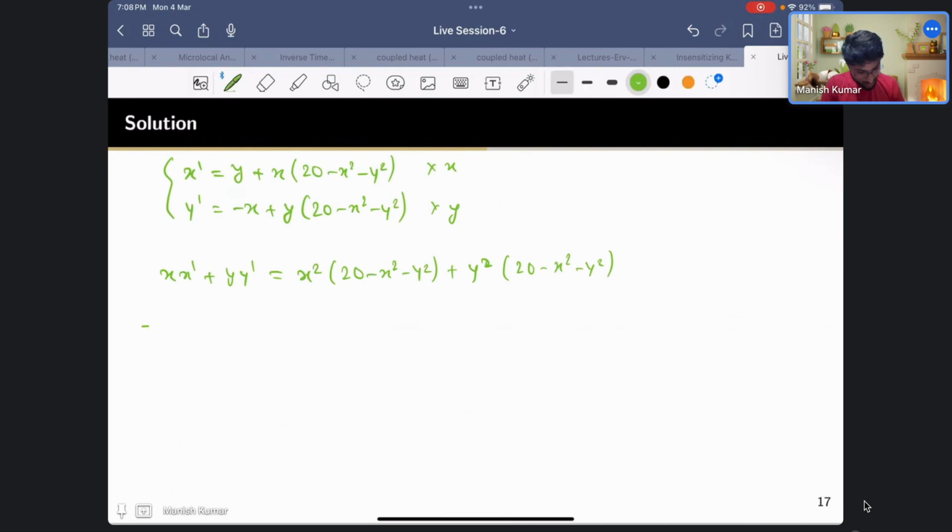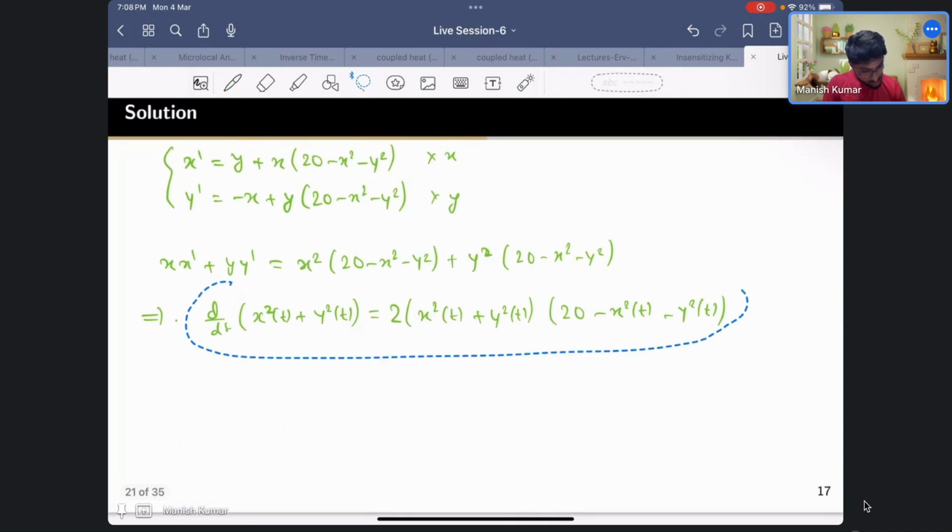So this means 1 by 2 d/dt of this is equal to (x square t plus y square t) times (20 minus x square t). Or maybe let's take 2 here. So this is what we have.